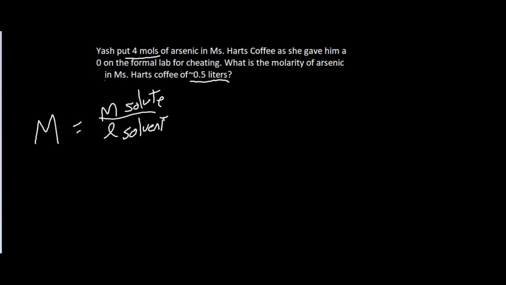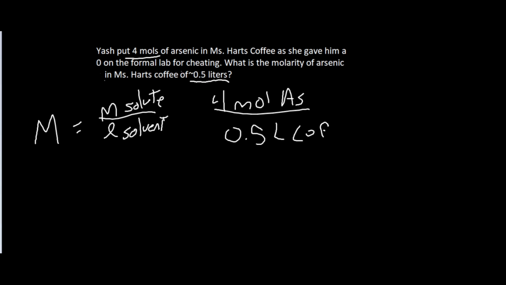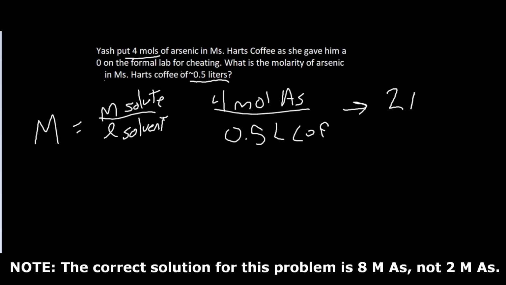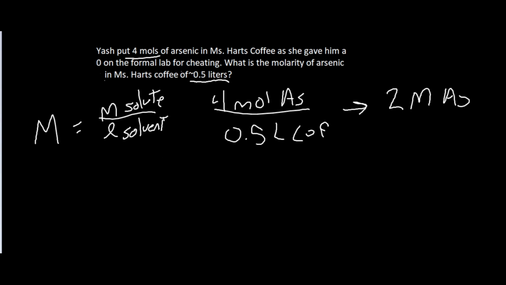So we just plug in our numbers, and we get 4 mol As, because that is what arsenic is, As, over 0.5 liters coffee. And then we solve, and we get 2 molarity of arsenic. And that's all.